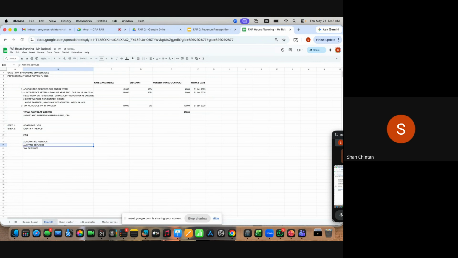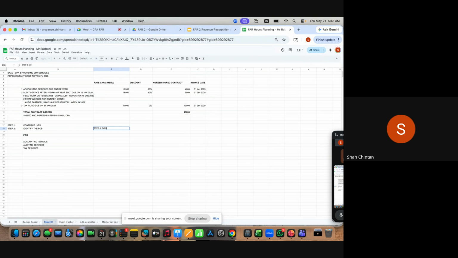Now, the key change in this accounting standard is that it doesn't matter what you have signed in the contract. As per the signed contract, the value for accounting services is 4,000, for auditing services 9,000, and for tax services 10,000. So rate card, not important. Agreed contract value, not important. What is important? That is your step number three.